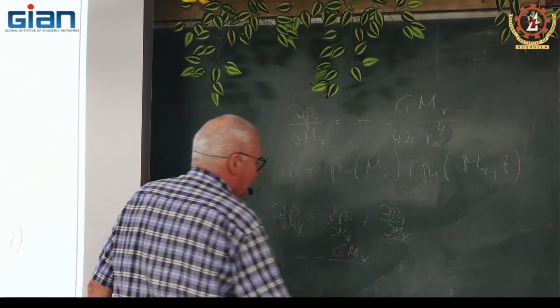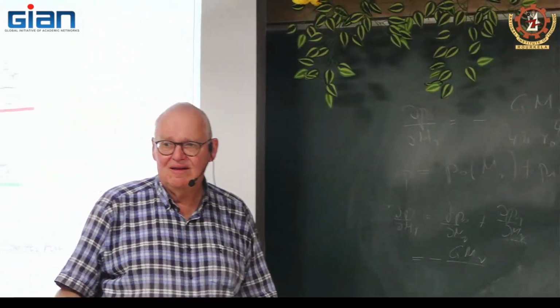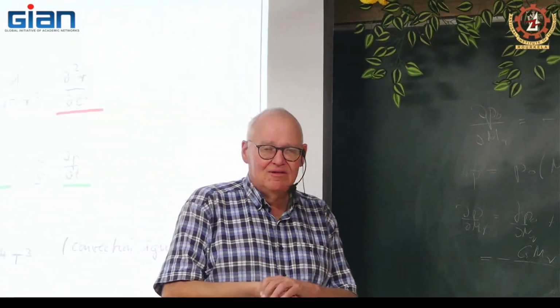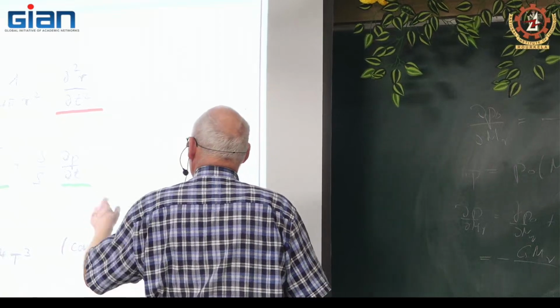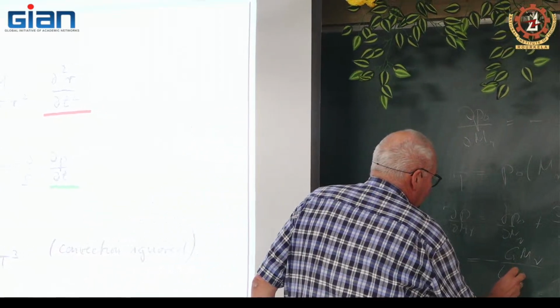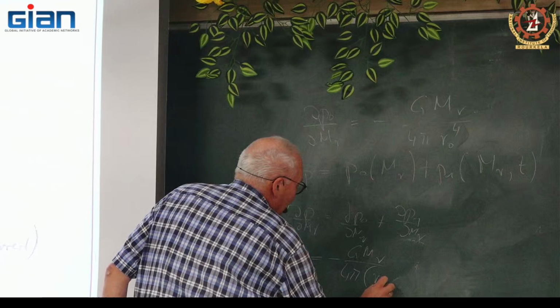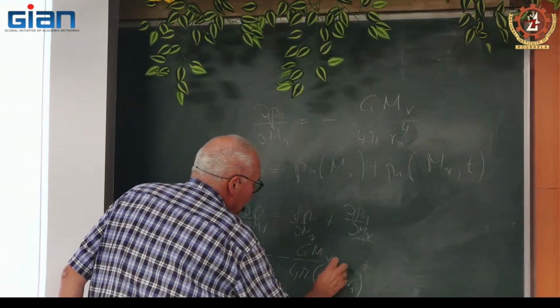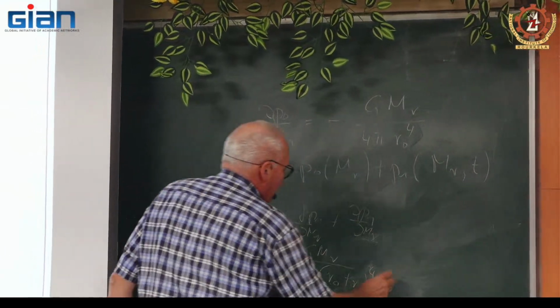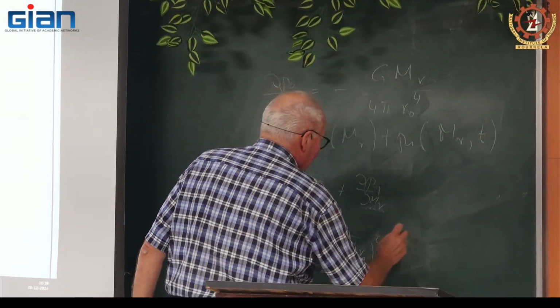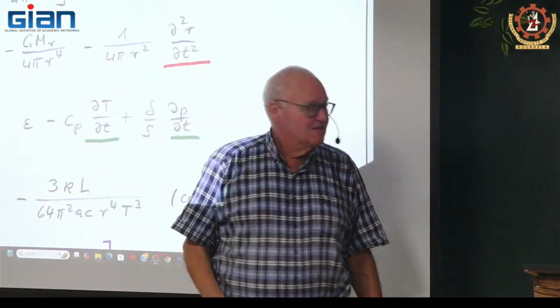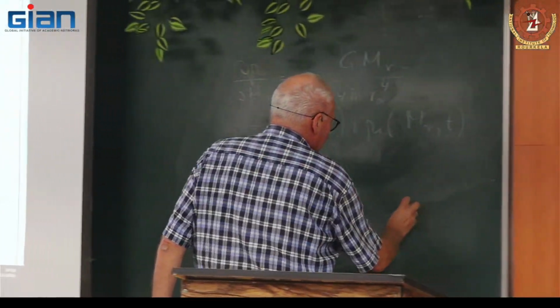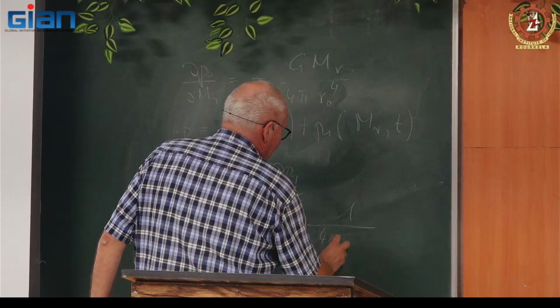I will do it here on the blackboard to illustrate in detail how this is done. 1 over 4 pi times r0 plus r1 to the power 4, plus, in addition, we have this acceleration term, which is given by minus 1 over 4 pi.